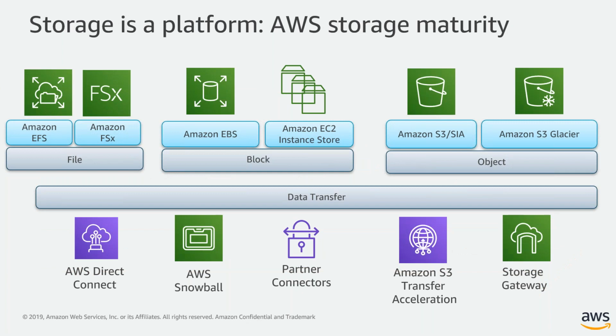Just wanted to quickly talk about some of the AWS storage services that are offered, just to get an idea of what they are. AWS offers storage services across file, block, and object. In the file space, we offer services like Amazon Elastic File System, or Amazon EFS, which provides fully managed NFS exports.